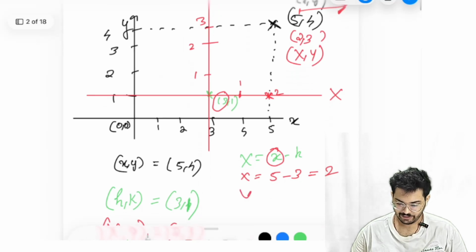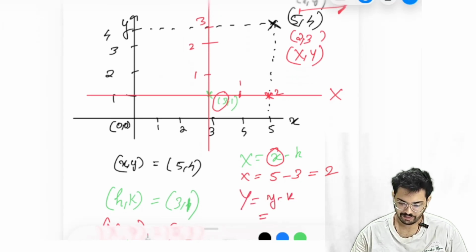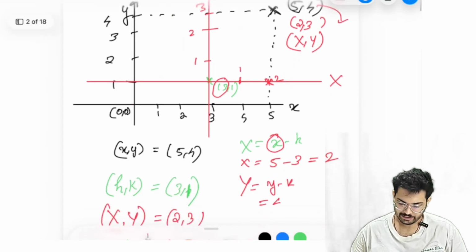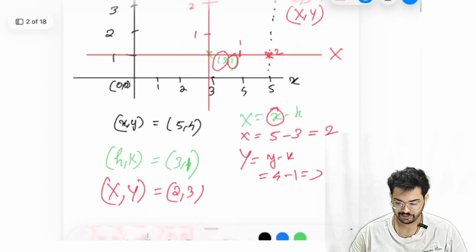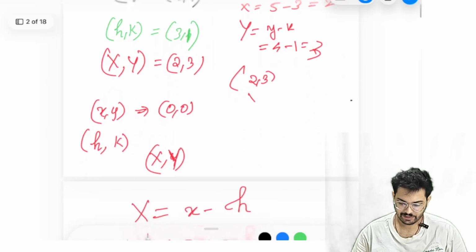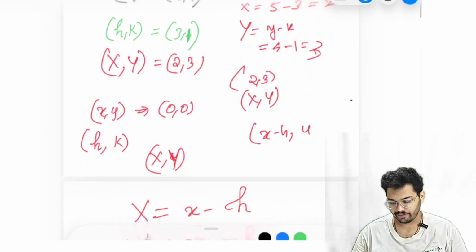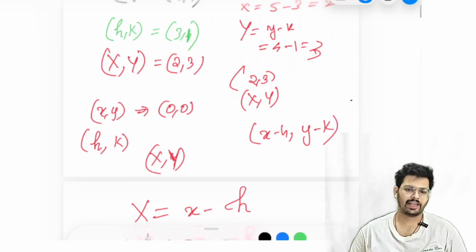Similarly, capital Y will be y minus k. That will be equal to the original y value, which was 4, minus the y coordinate of the new origin, which is 1. 4 minus 1 is equal to 3. That means the new coordinate will be 2 comma 3, that is, x comma y becomes x minus h comma y minus k.